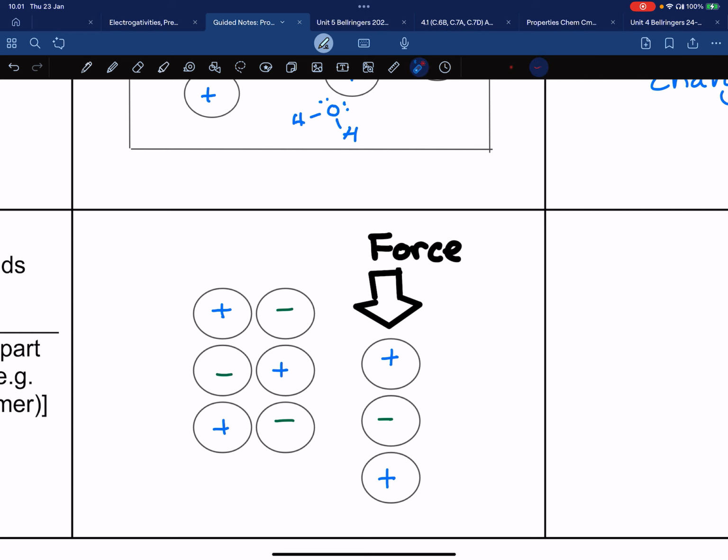It basically forces the ions to kind of offset. It forces them down. And when that happens, you don't have a positive and a negative lined up on each other for an attraction. You have a positive and a positive and a negative and a negative, and these repel each other. And so here you don't get an attraction, you get a repulsion. And so the whole thing just fractures and breaks apart.